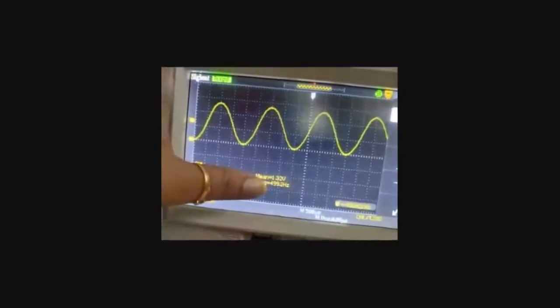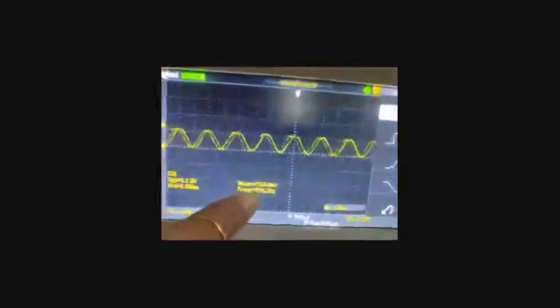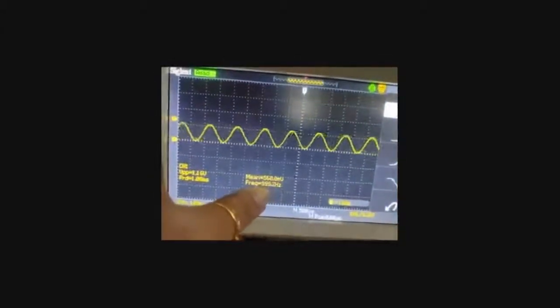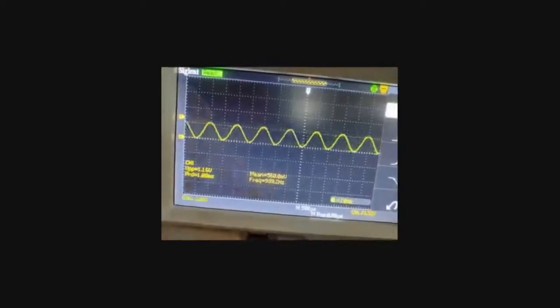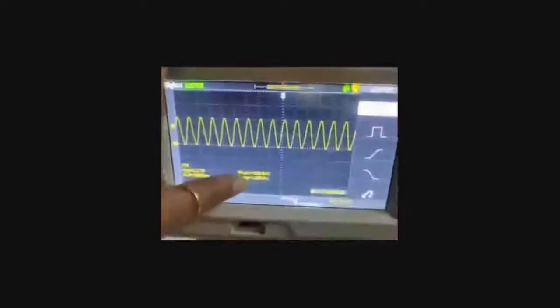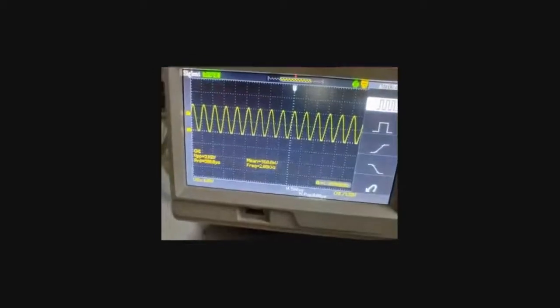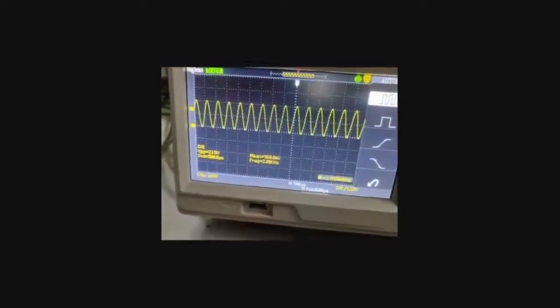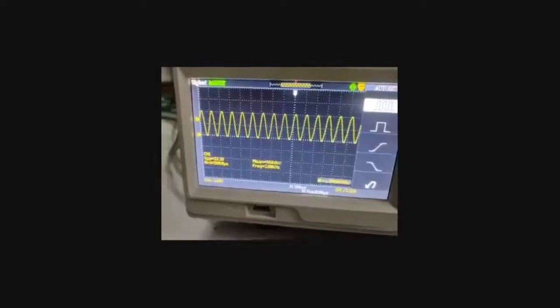Then this one is the third input, 1 kilohertz. See here at the DSO, that is 1 kilohertz, meaning 1000 hertz. Then the fourth one, 2 kilohertz. As the input was given in the function generator, at the output of the low pass filter we get the similar input signal.